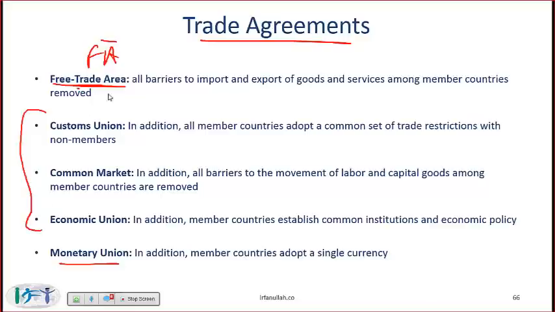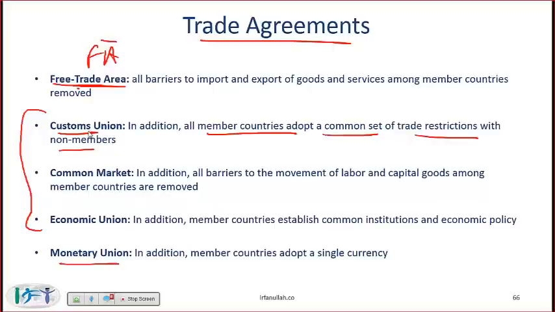After free trade agreement, you have a customs union, where we say that in addition to free movement of goods and services, all member countries adopt a common set of trade restrictions with non-members. So the next level of NAFTA would be that the United States and Mexico and Canada say to Europe that, look, all three of us have the same import-export restrictions with non-member countries.